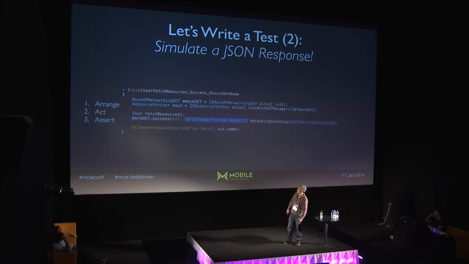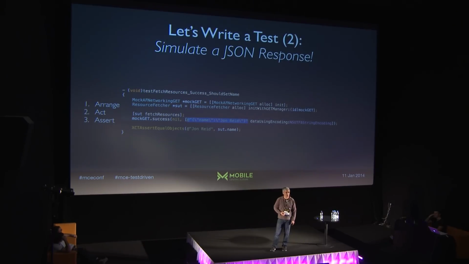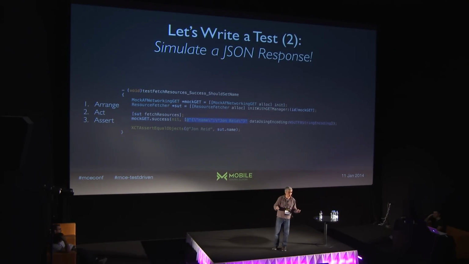The act portion is to call the method and then say, hey, mock object, you should have captured a success block. Let's pretend we got a success result. I'm going to call the success block directly and pass in 2 arguments. Again, I don't care about the first argument, so it's just nil.